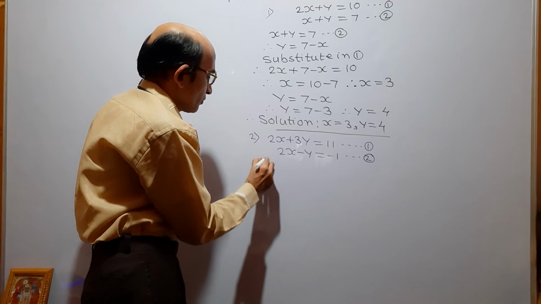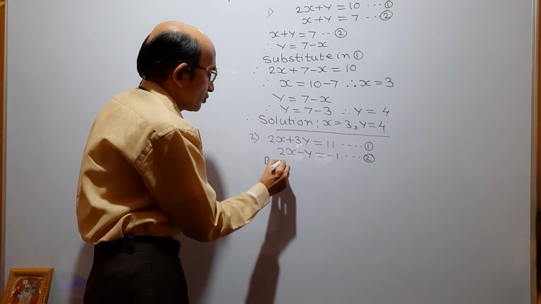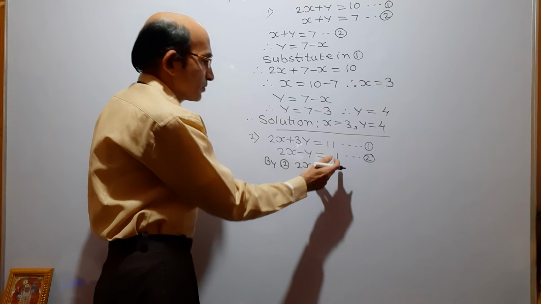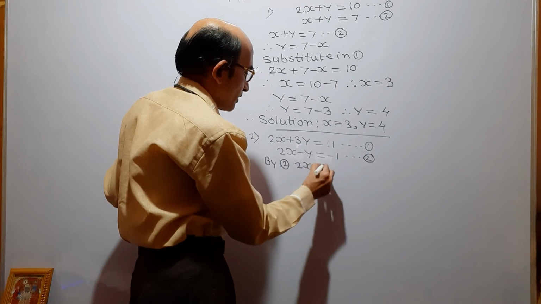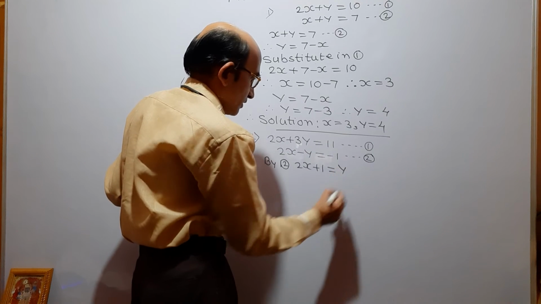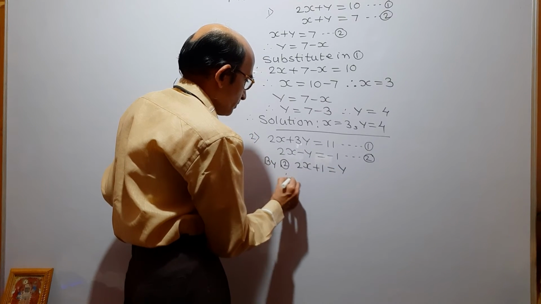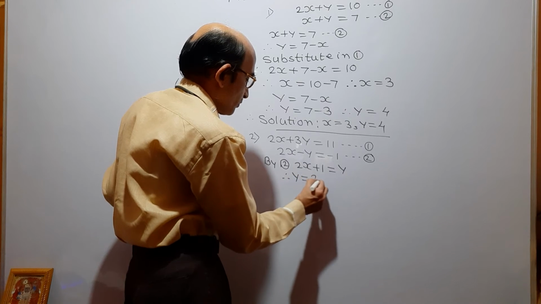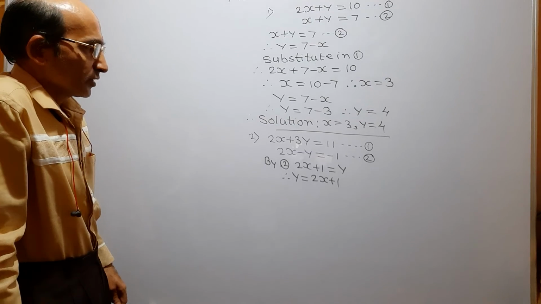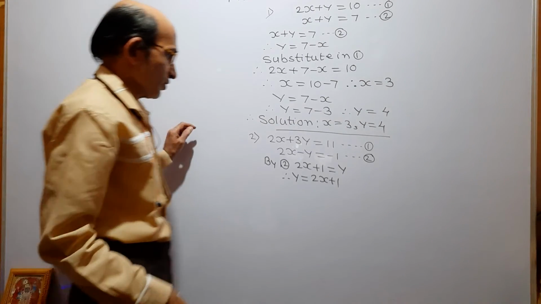From the second equation, we get 2x minus 1 transferred to the left side plus 1, minus y on the other side y. So y equal to 2x plus 1. Substitute this value in the first equation.